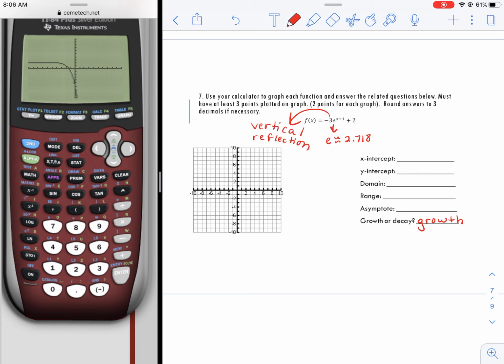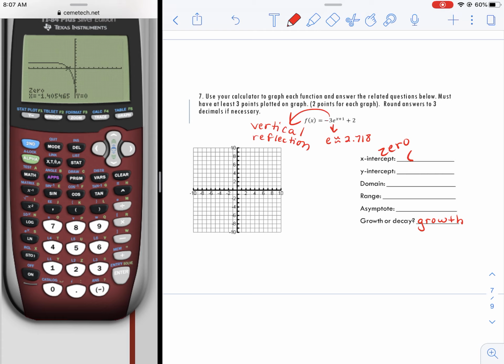All right, so the x-intercept, that is also known as a 0 on your calculator. So go ahead and hit second calculate and select number 2, and you're going to try to find that x-intercept. So you're going to pick a point on the left of the x-intercept and hit enter, and then pick a point on the right of the x-intercept and hit enter, and then pick a point in between.